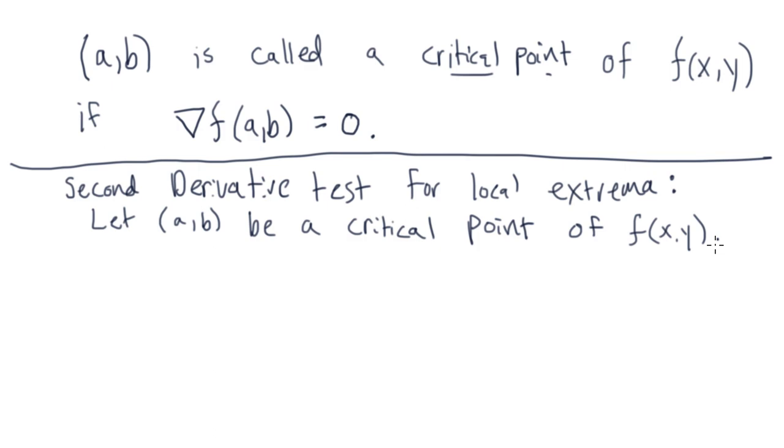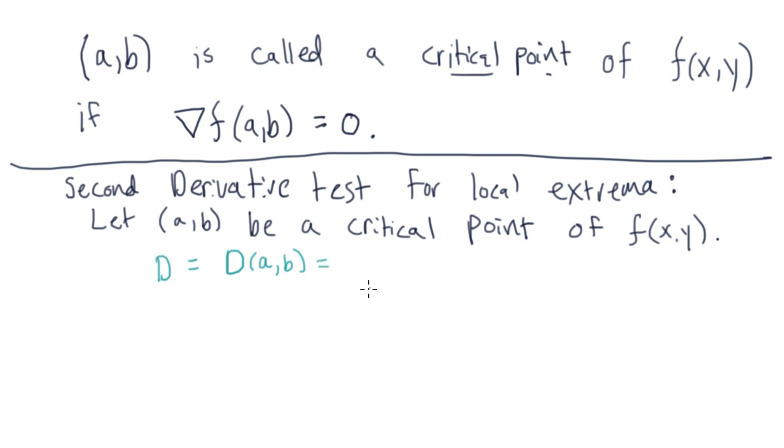So we know the gradient of this function evaluated at (a, b) is 0. Now, we cannot say right off the bat that that's a local extremum, a max or a min, but we have a test. We want to define this test function that we're going to call D(a, b), or maybe just D for short if there's no ambiguity about which point I'm talking about.